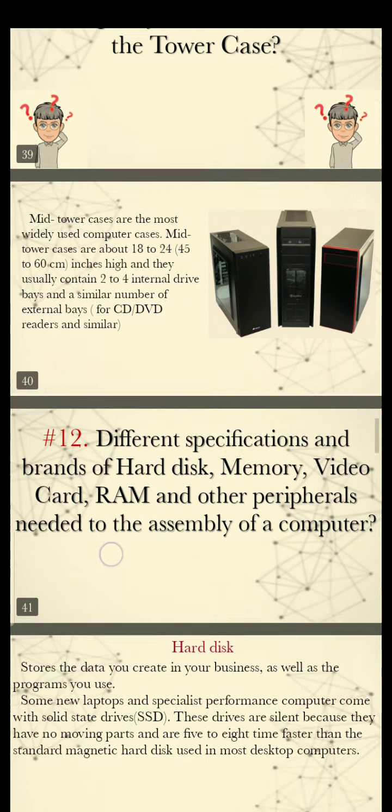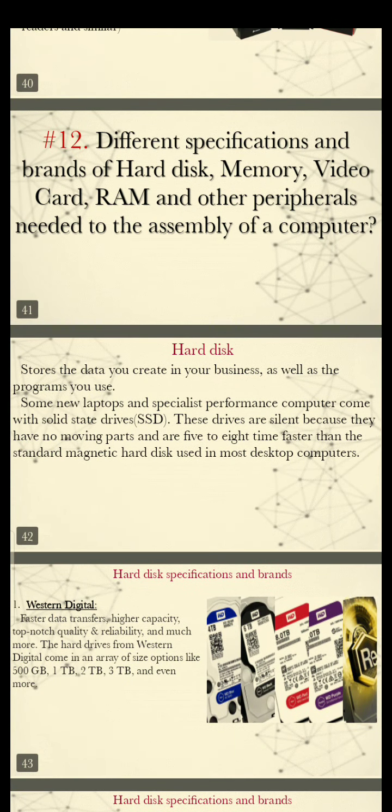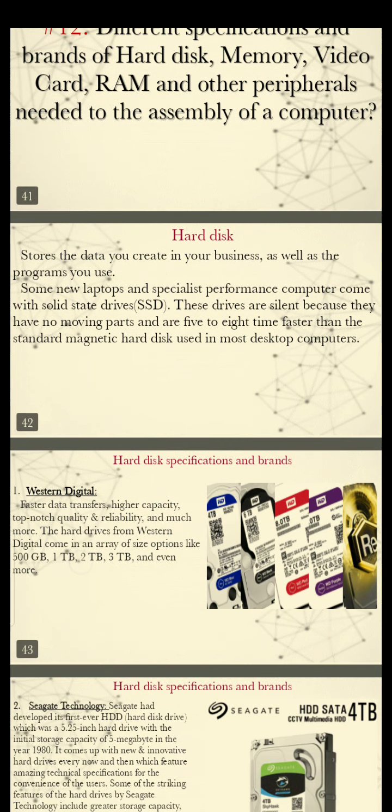Let's proceed to number 12, the different specifications and brands of hard disk, memory, video card, RAM, and other peripherals needed for the assembly of a computer. First is the hard disk. The hard disk stores the data you create in your business as well as the programs you use.